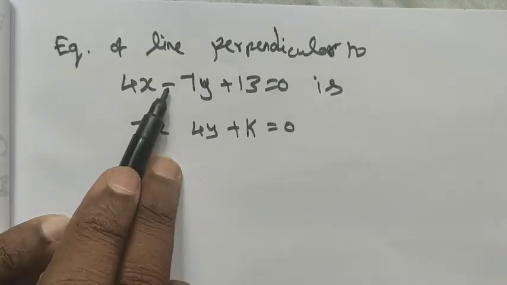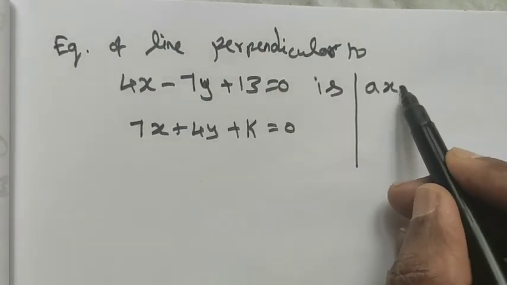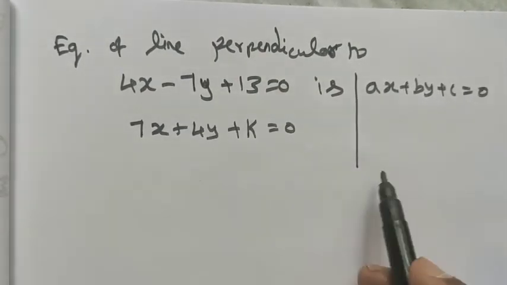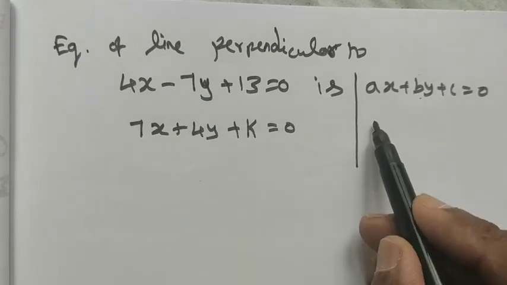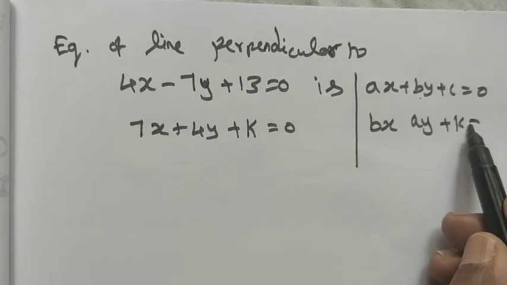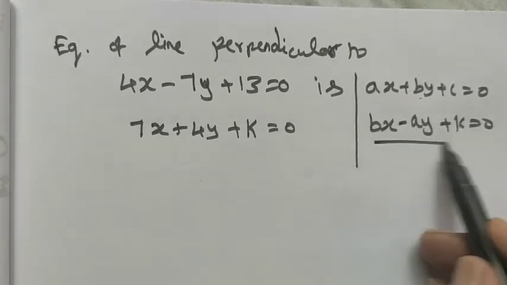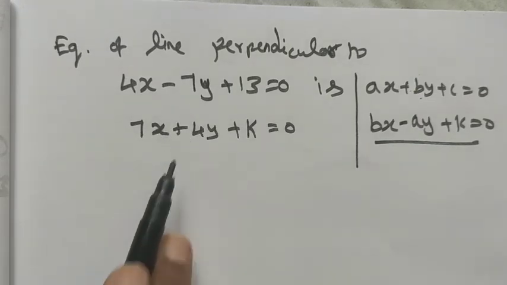If here it is minus, you put plus. The perpendicular formula: for ax plus by plus c equal to 0, interchanging the coefficients of x and y gives bx minus ay plus k is equal to 0. Here we have plus, so put minus. So this is the actual formula, so we rewrite in that form.